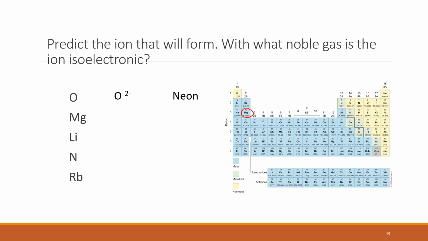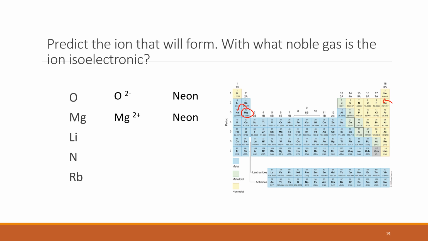One spot back brings us to sodium, the second spot brings us to neon. The reason we're going back 2 is because we're forming a +2. So magnesium is going to be isoelectronic with neon as well.